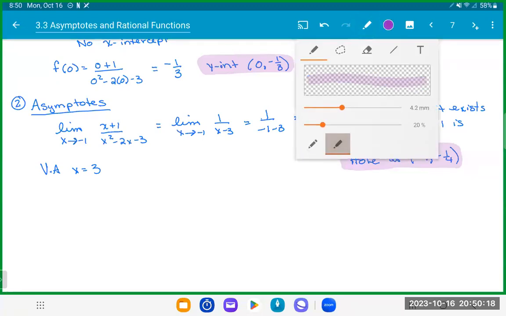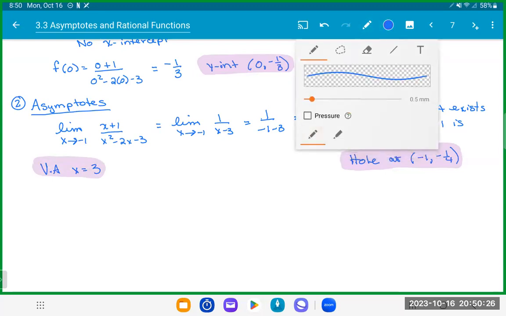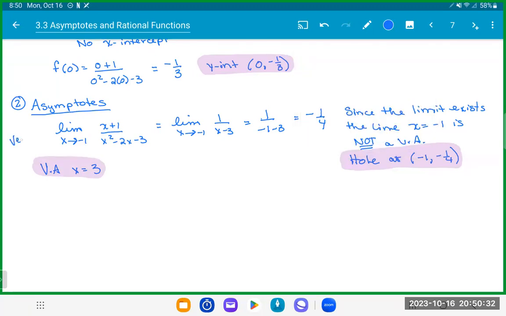So that also we will want to make sure and include on our graph. Now this was where we were looking at vertical. Now let's look at horizontal.